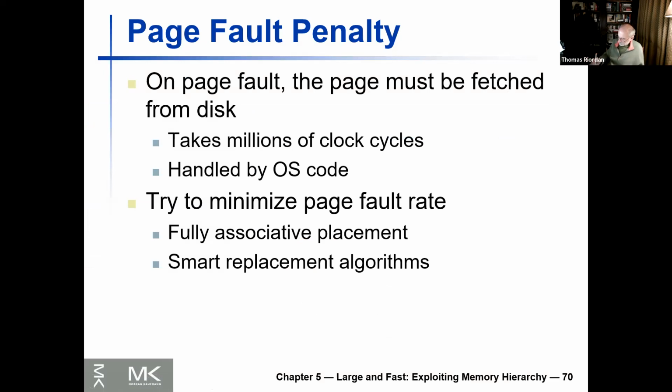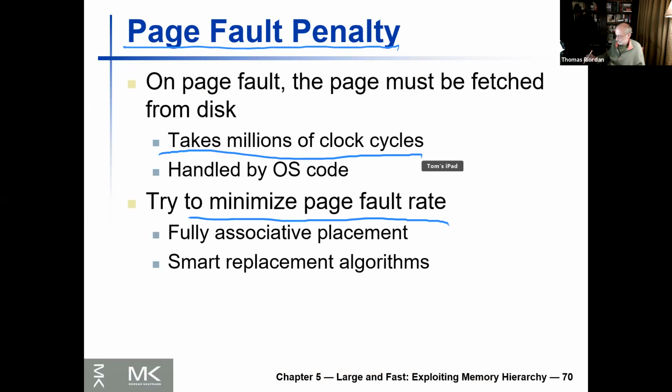So the author tells us that when we have a page fault, that means a user first says, I need this piece of data, and that data is not there. We need to minimize how much that happens, because when we go out to disk, it takes millions of cycles. That makes perfect sense.